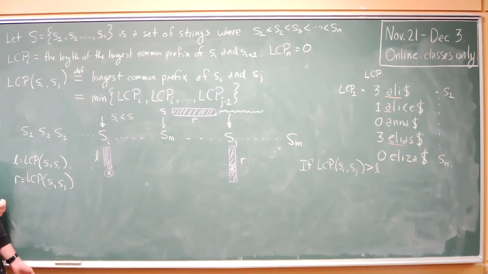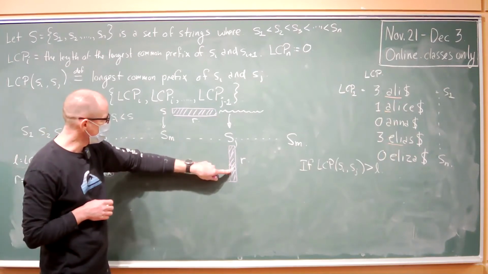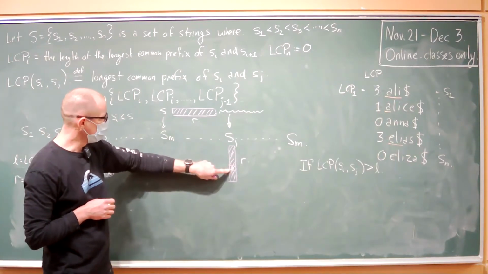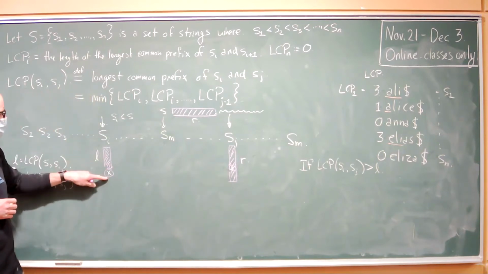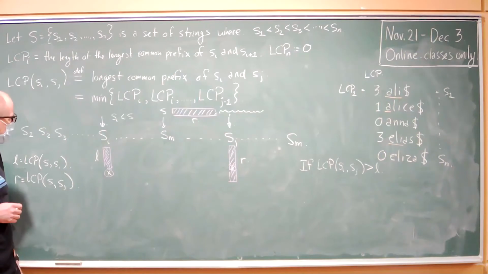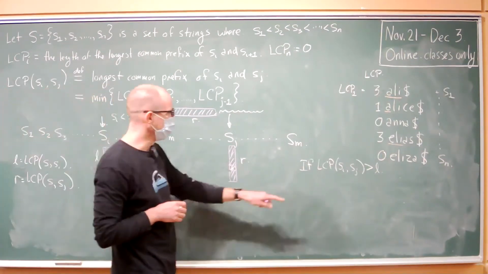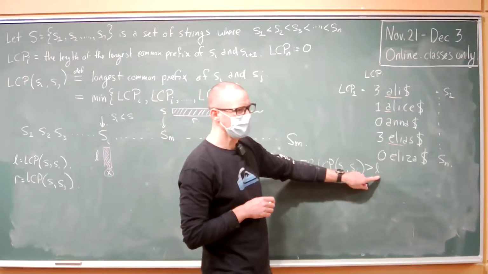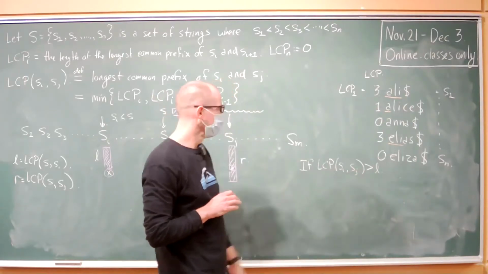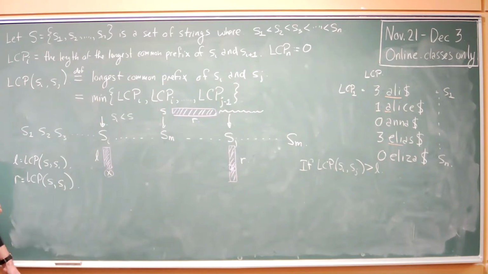Is that possible? Right. So S agrees with all of these things up to this character and doesn't agree with this one, but that's not possible. Okay. So it's definitely not the case that the longest common prefix of SI and SJ is bigger than L. It's not a possibility.